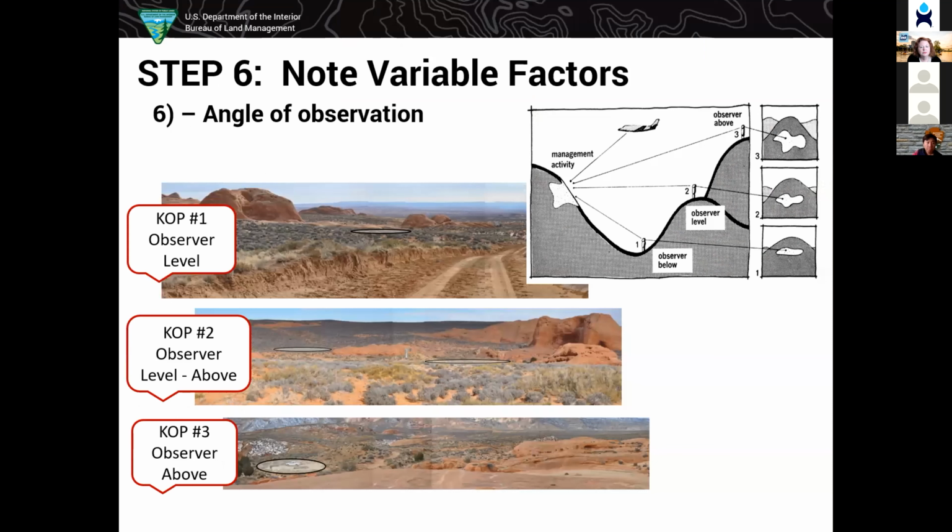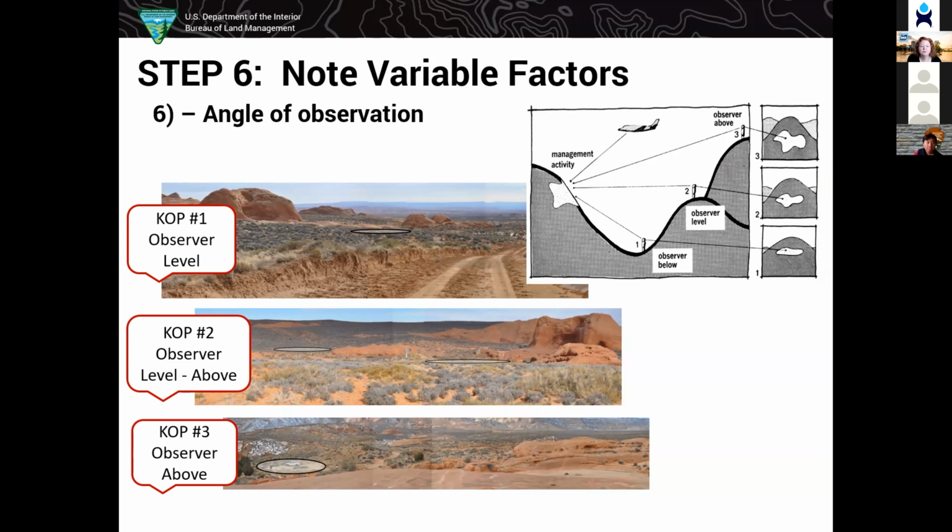The next variable factor is our angle of observation. The apparent scale of a project is reduced when it's seen from lower angles, whereas it's increased when it's seen from above. And this has somewhat to do with when I'm an observer below, looking up, I can't see the ground disturbance.